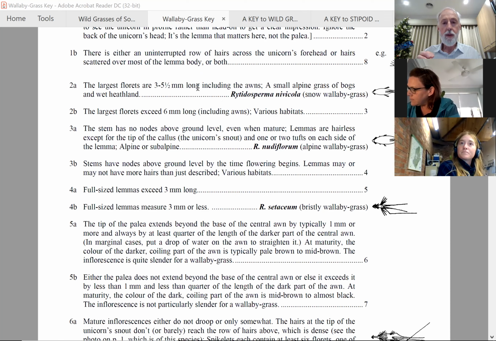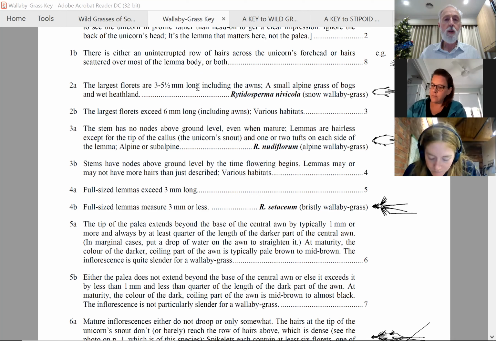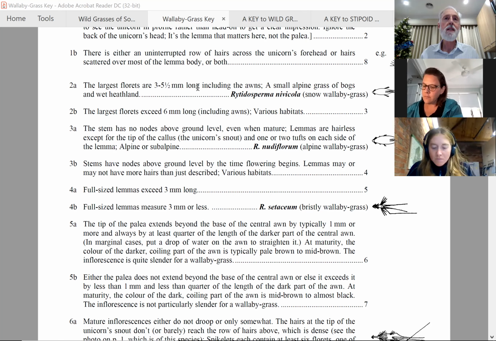The reason for doing this is that if you get to, say, couplet 25 and you reach a dead end and you then think, oh, I was a bit worried about that couplet further back, where was that? You can't retrace your steps. You had to have taken note of it at the time. There's no way of reversing through the process. You can only go forward unless you've kept a breadcrumb trail.